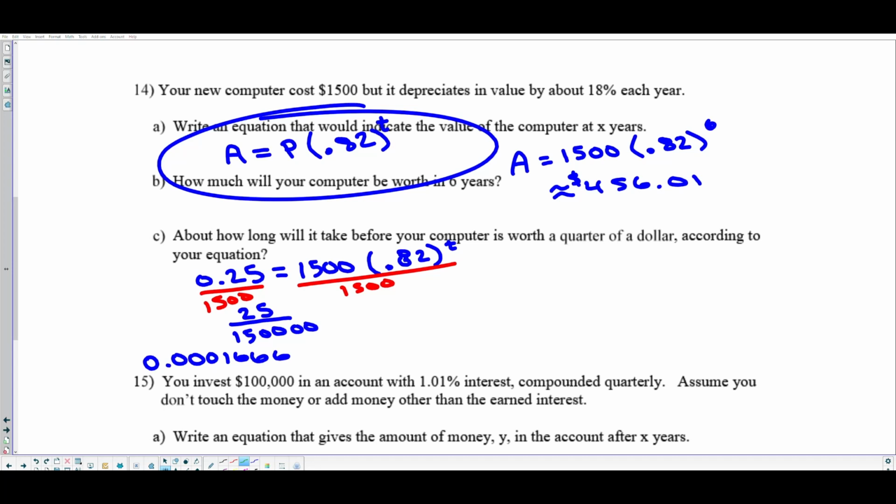So with that, or you can use this decimal 0.0001666. But I like to use this because this is more precise, and this is going to equal 0.82 to the t power. I'm going to take the log of both sides.